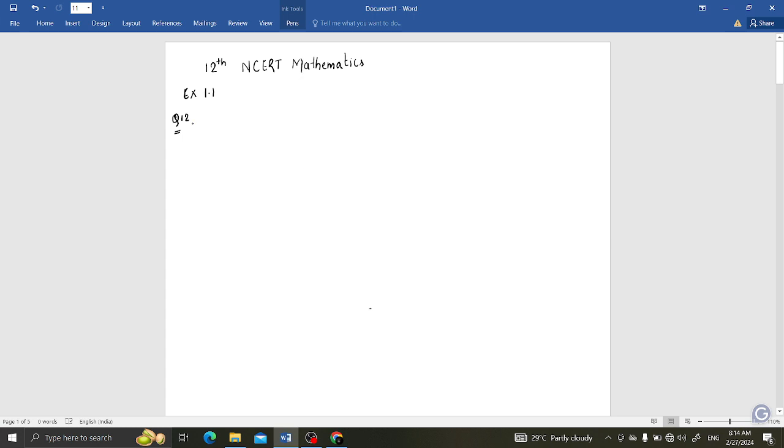Okay, so in question number 12, they said that show that the relation R defined in the set A of all triangles. That means A is the collection of all the triangles.